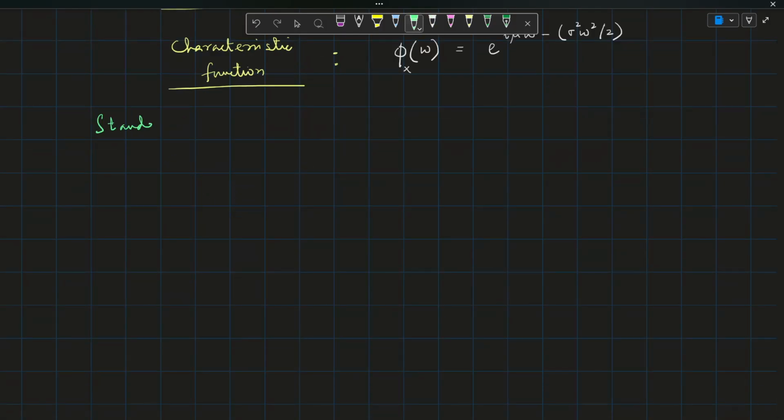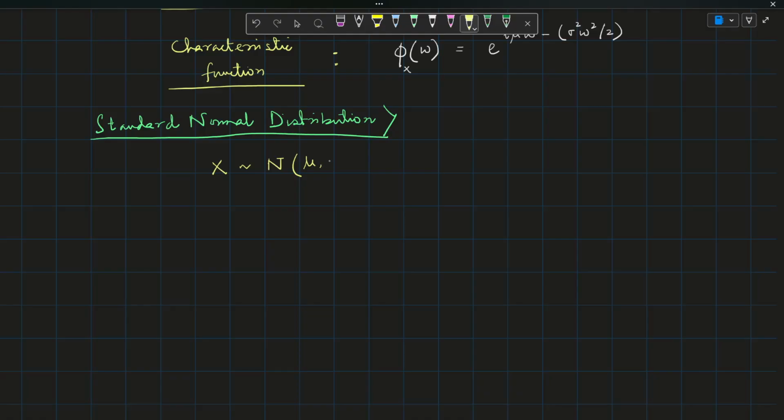Now the next important topic is the standard normal distribution, which, as the name suggests, is simply a standardized normal distribution. So we are defining it like this. If x follows normal mu sigma square with mean equal to mu and variance equal to sigma square, then we define a new variable z, which is (x minus mu) by sigma, and this will follow normal 0, 1.